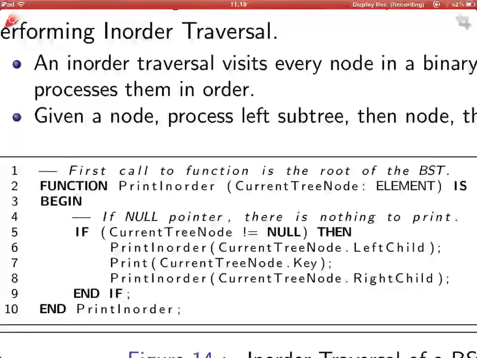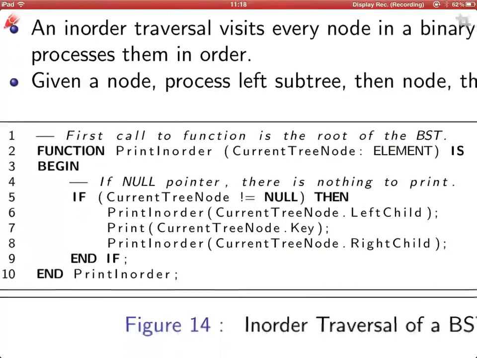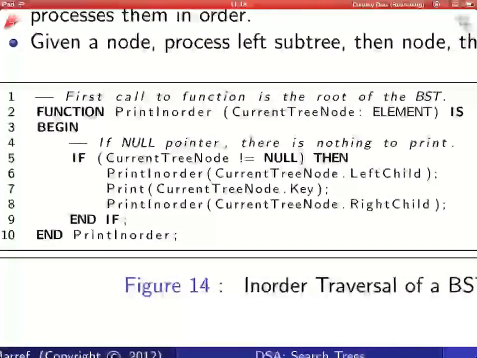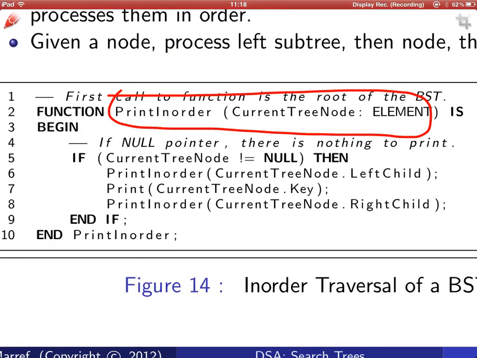And then we have finished with that, we print 20. And then we call ourselves recursively here, which means we go there, which means we go to the empty and do nothing, and then we print 22. And then back to here, print 25. And then go back down here, it's an empty pointer, so it prints nothing.